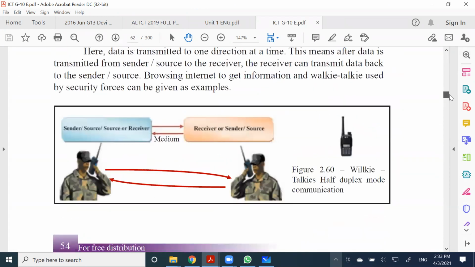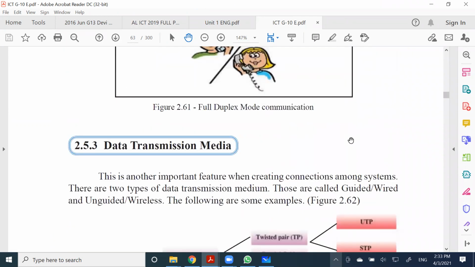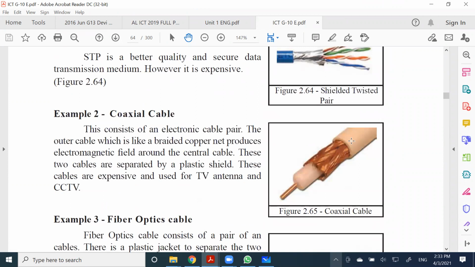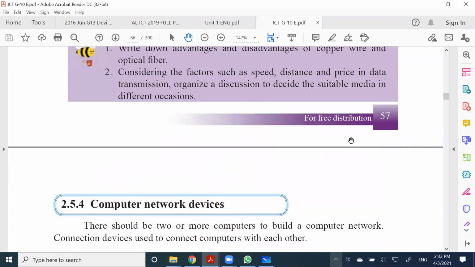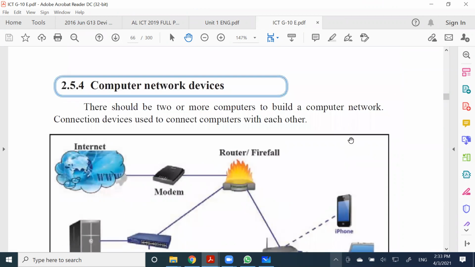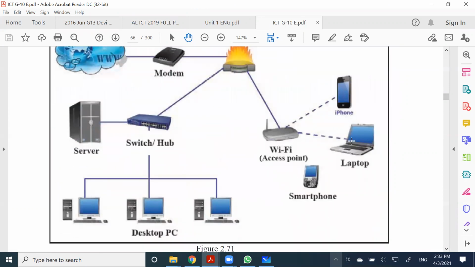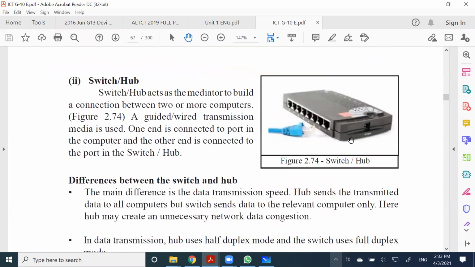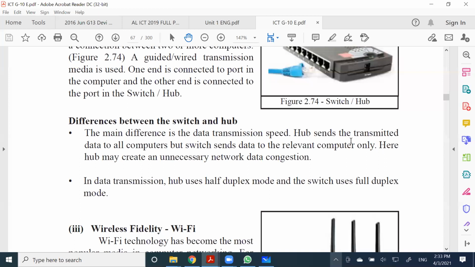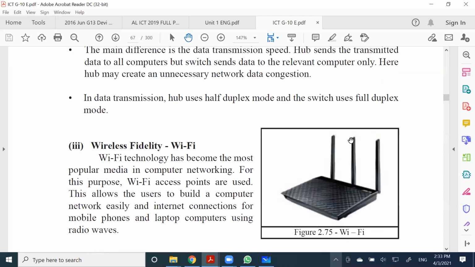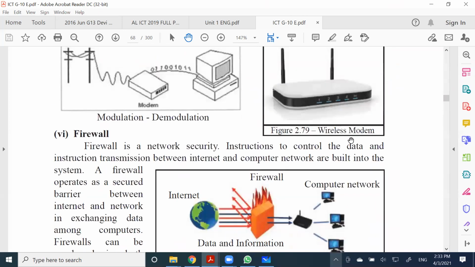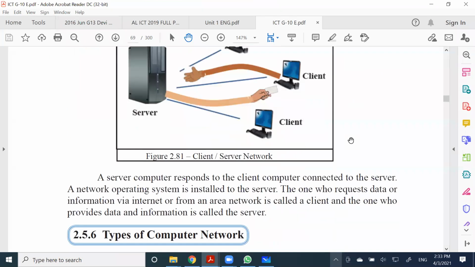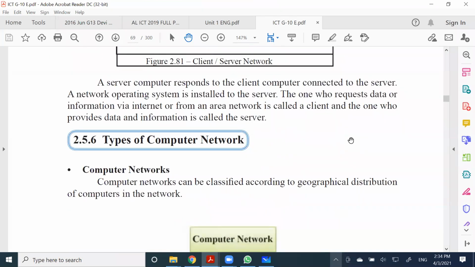So we got to know about the hardware, the types of networks and the media, and how network devices affect a particular network, and the devices that help to create a network. Today we are going to learn about different types of networks.